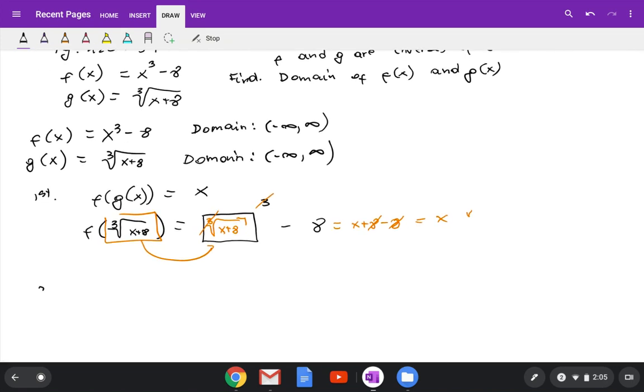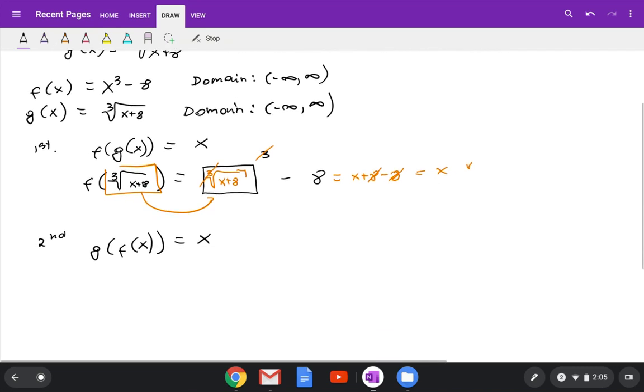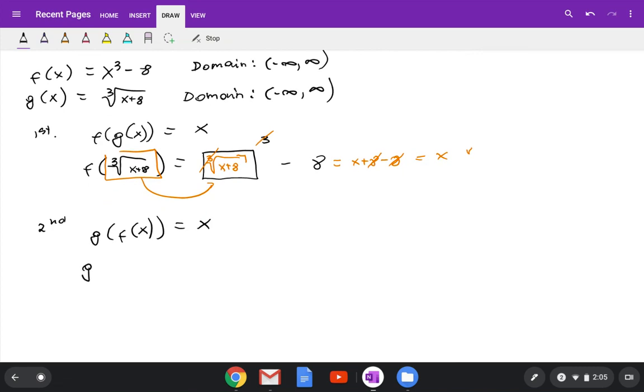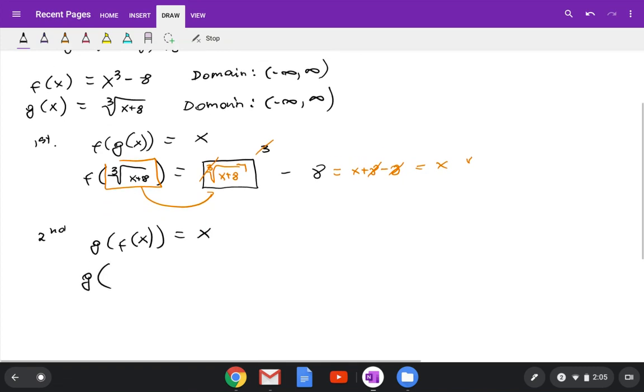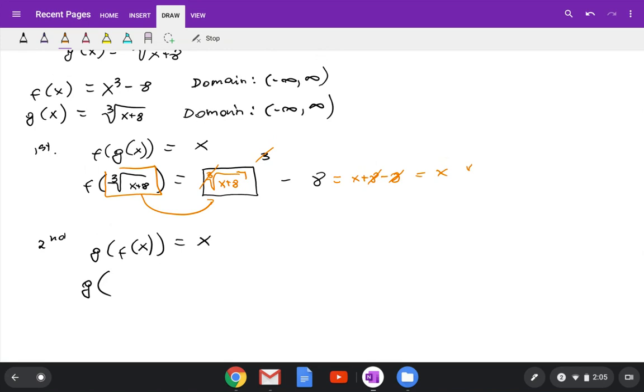Next, you also have to show that g composed with f of x also will give you x. So g is outside, and the equation of function f is x to the third power minus 8.